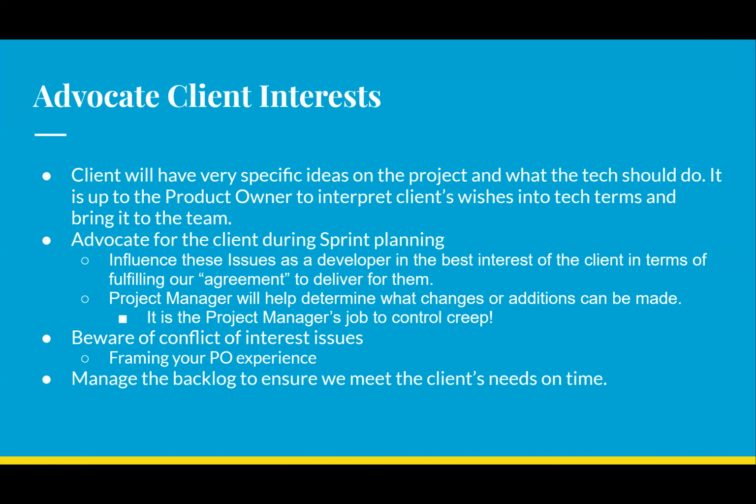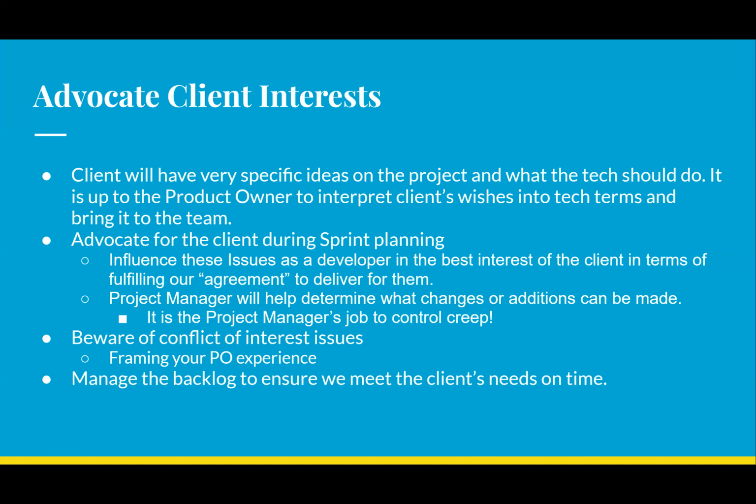Another exciting thing for the product owner is to help manage the backlog. And this really is more of a prioritization. The product owner and the project manager might bite off more than they can chew and assign too much to an issue, or there might be a hiccup that prevents a developer from completing an issue on time. Those things are going to fall into the backlog.